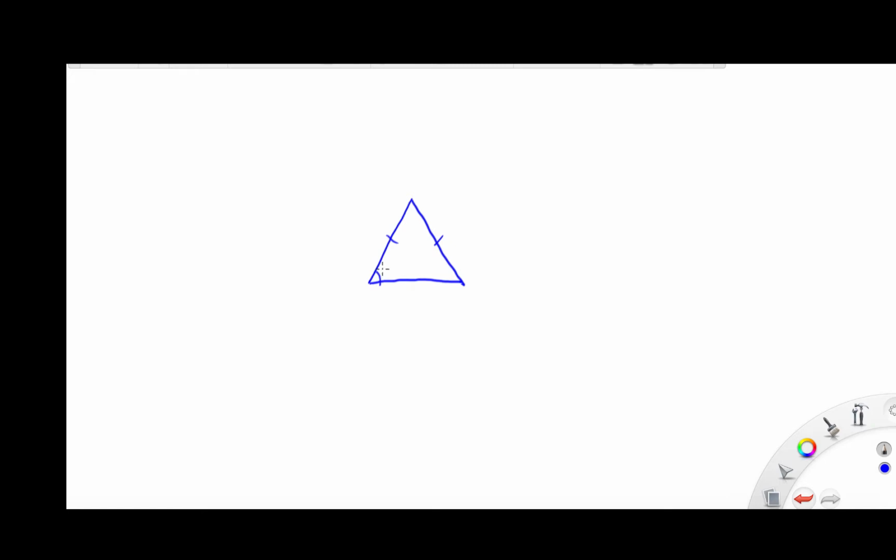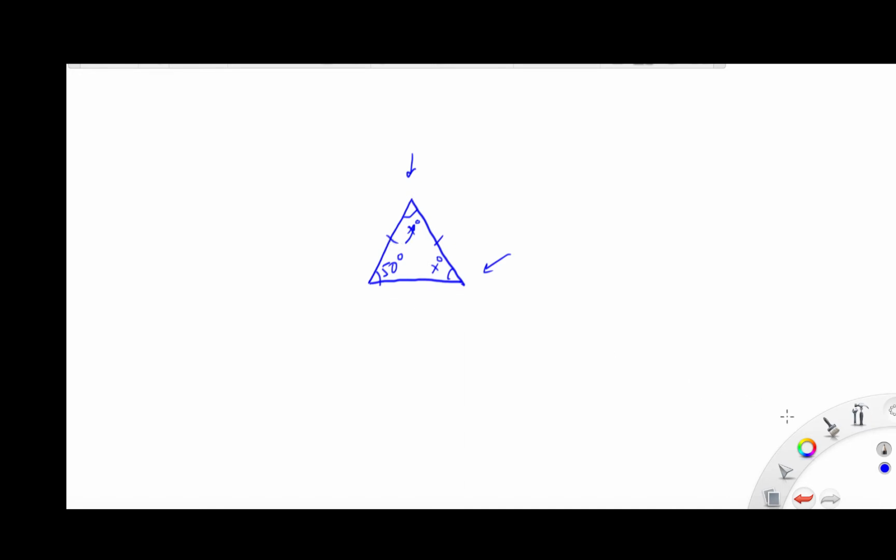This angle here is a 50-degree angle. This one is y, and this one is x degrees. Can we find out what the other 2 angles are? This one and this one.